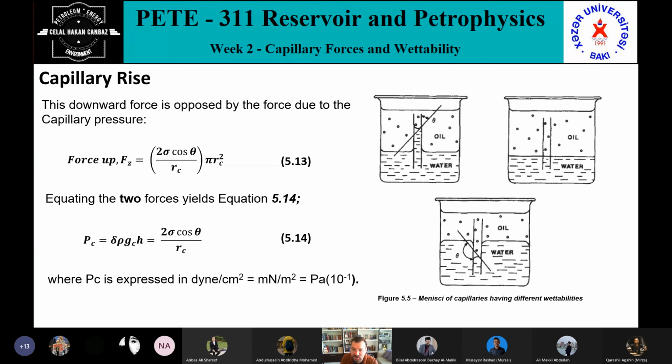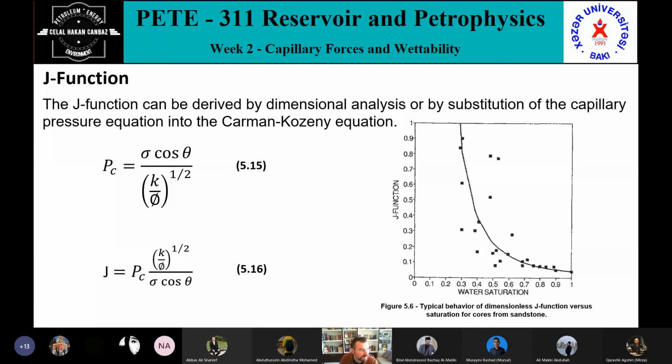So let's talk about the J function. What is the J function? Actually, this is a dimensional analysis, done by substituting the capillary pressure equation into the Kozeny-Carman equation. Last week we talked a little about the pets. There were two pets actually.